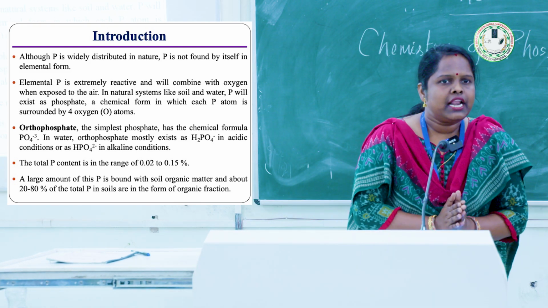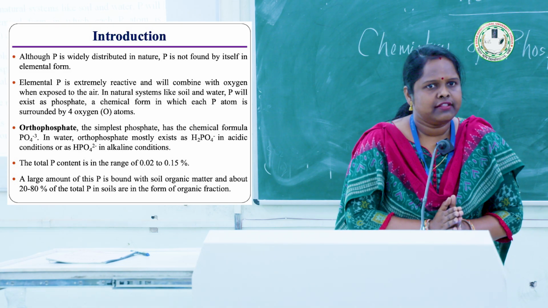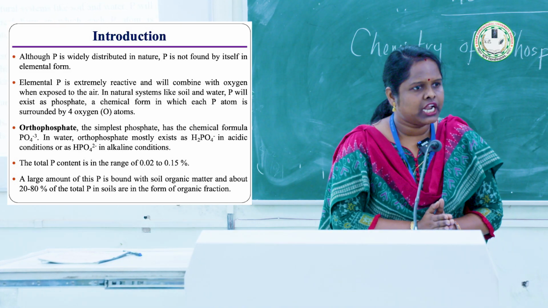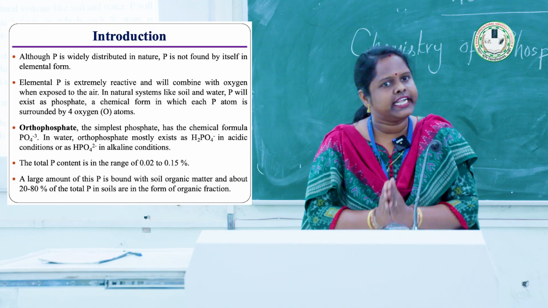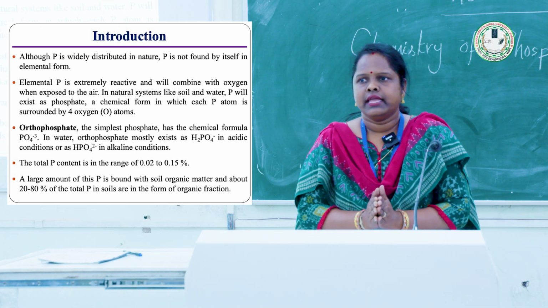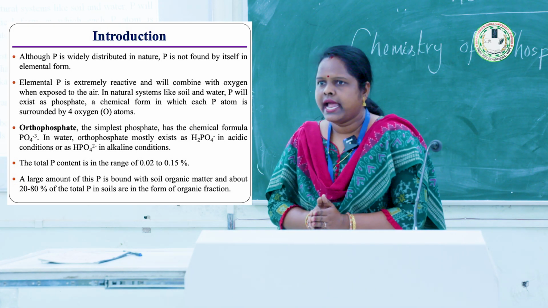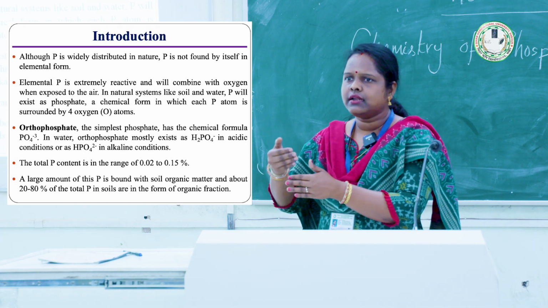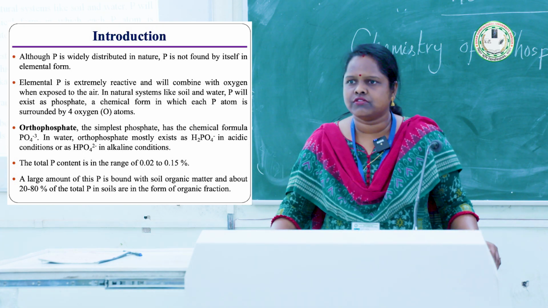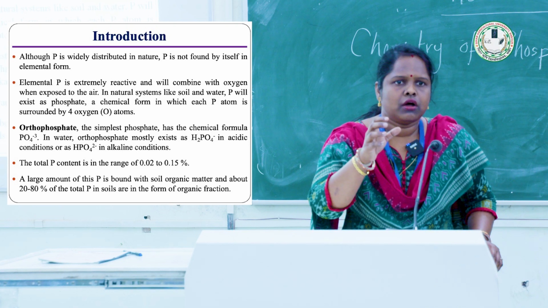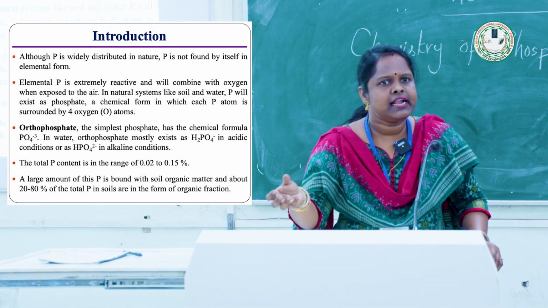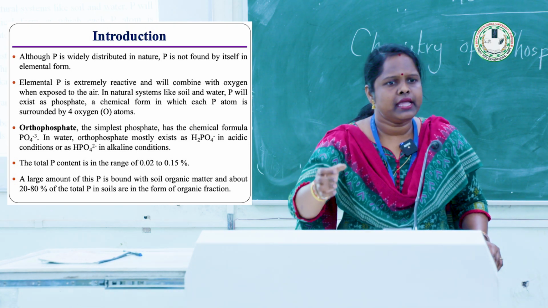And of the total P that is available in the soil system, 20 to 80% is organic P. It also depends on the soil conditions. When the organic P is 20%, then the inorganic P will be 80.